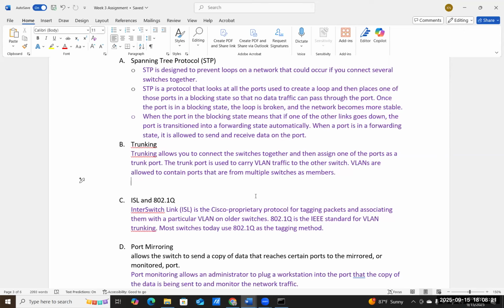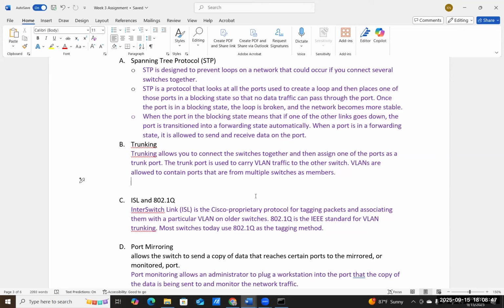When we say packets, that means the switch is able to route, right? Packets are really used for routing. So on the older switches, Cisco technology uses ISL to tag the packets on the VLAN. That's how it's able to see all the VLAN traffic.